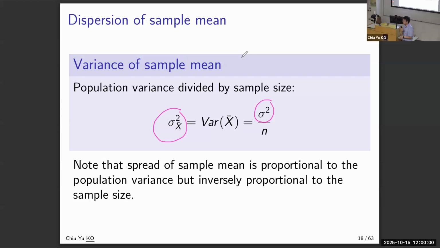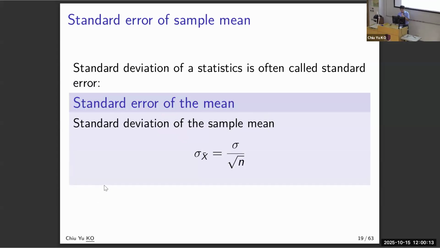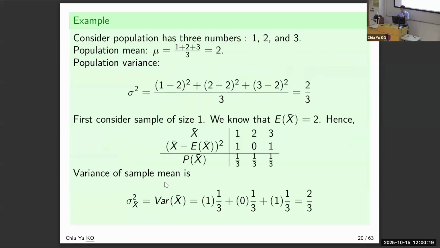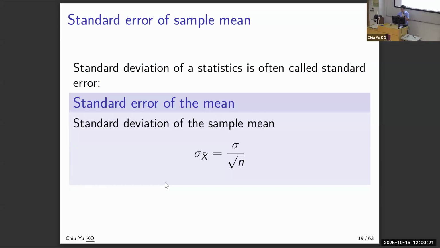Once you look at everything, the variance drops. Of course, this is a math result. You can prove it; it comes from the properties of variance. The proof is in the background and I'm not going to do it. It's also just one slide, but rather I will show you the example.